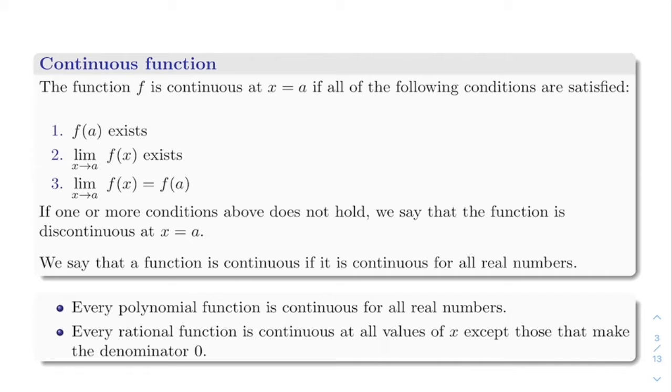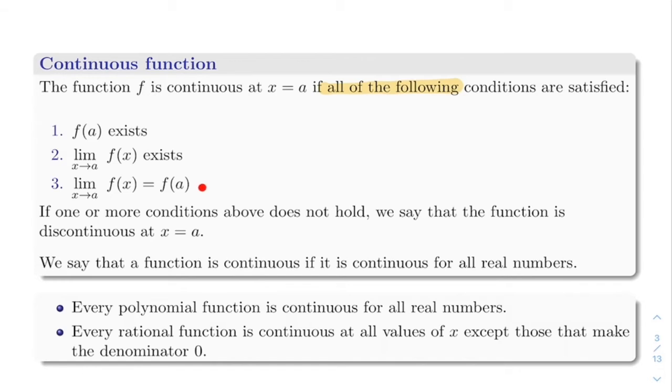To be precise with this definition, we say that a function f is continuous at x equals a if all the following conditions are satisfied. The first one is the function has to be defined at a. So f of a has to exist. The second one is that the limit when x goes to a of f exists.